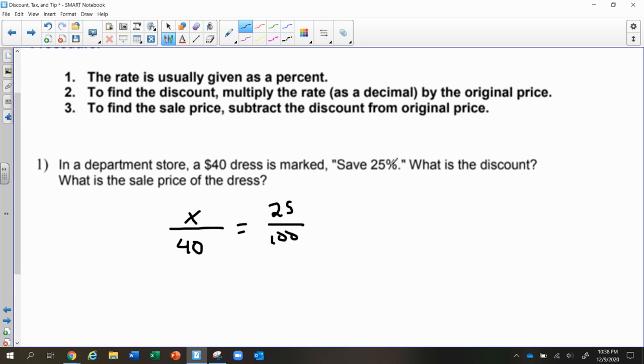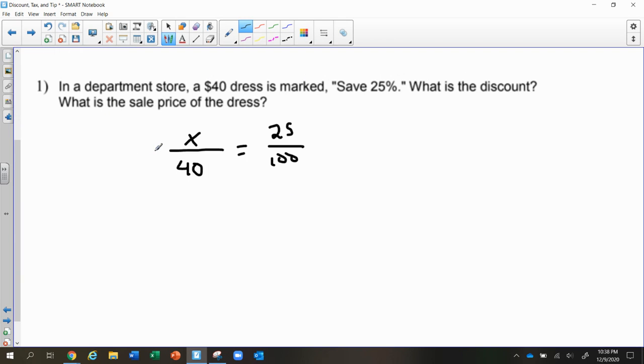I find my percent as a decimal and I multiply both sides by the whole, which is 40. So I would get that x is equal to 0.25 times 40. So that's using the percent proportion.